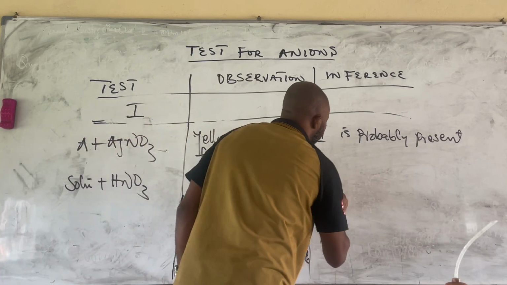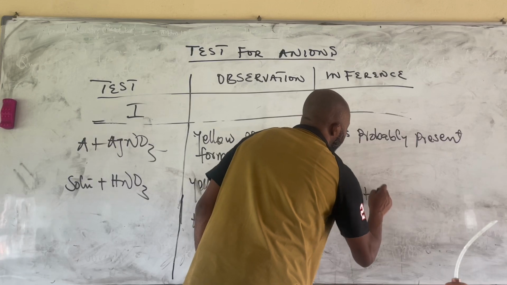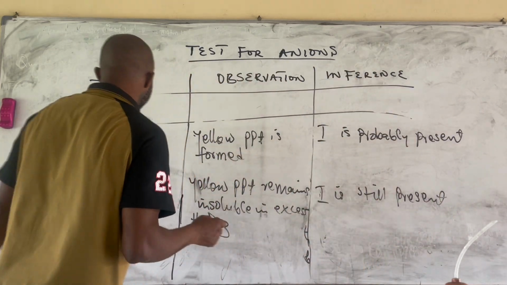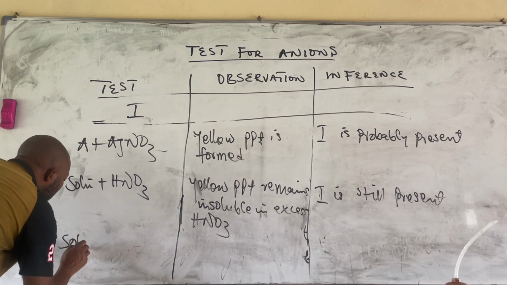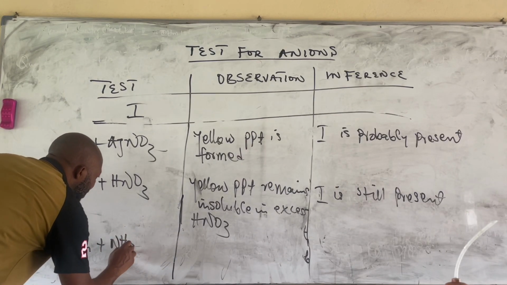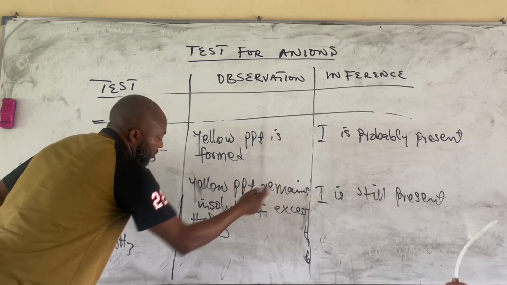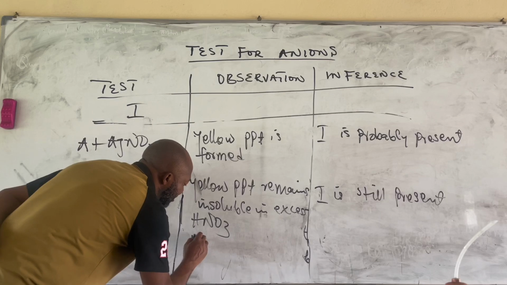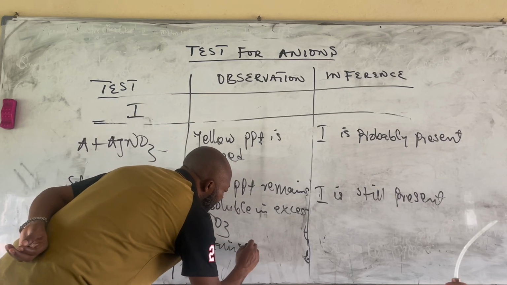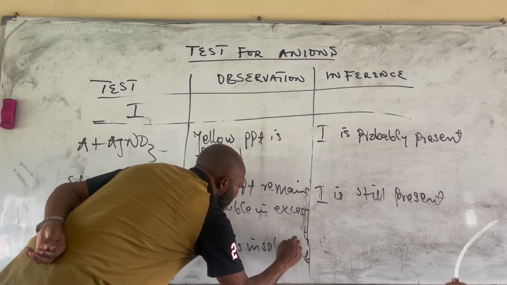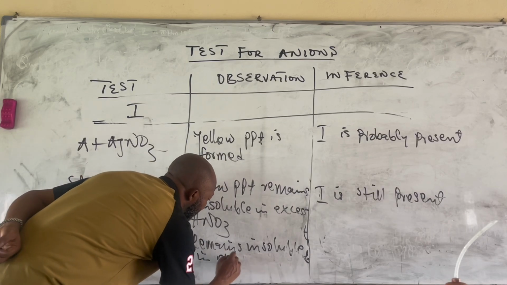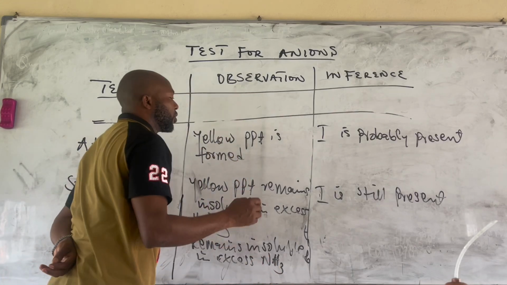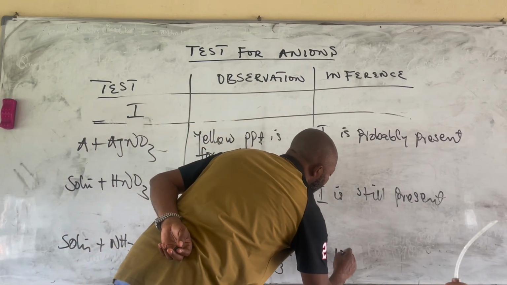We say iodine is still present. Now, when we add ammonia, NH3, to that solution, the yellow PPT remains insoluble in excess ammonia solution. And we say iodine is confirmed.